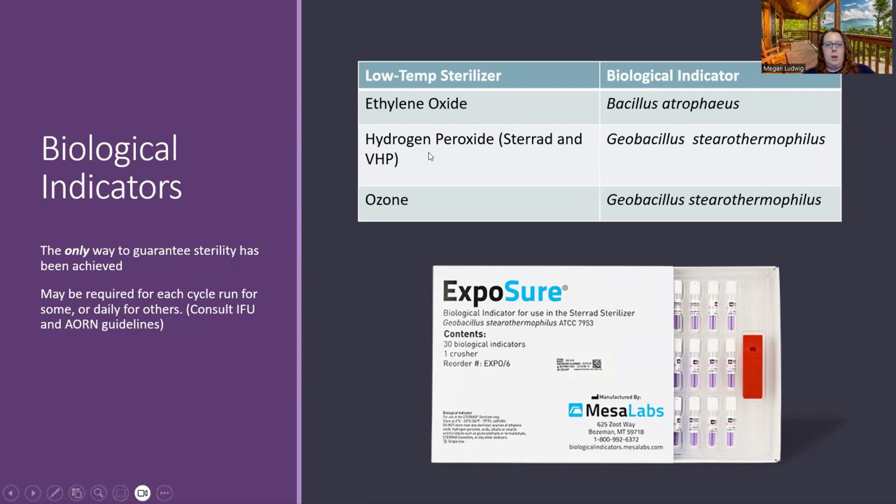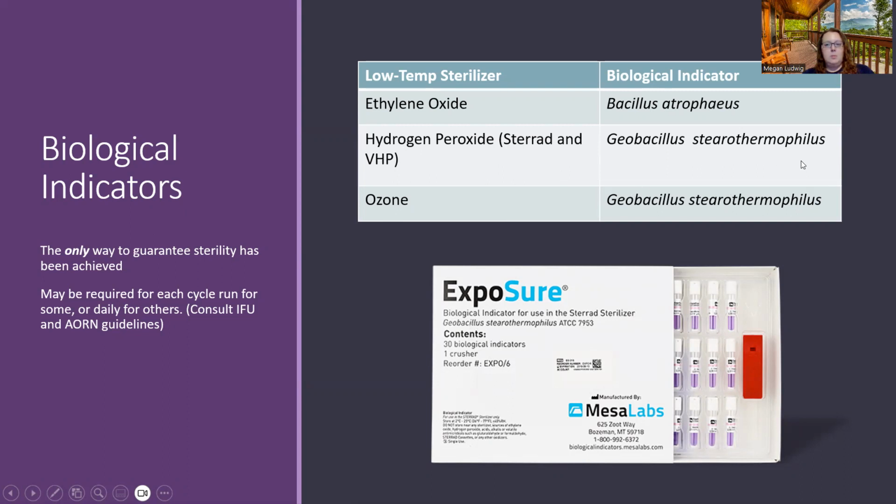So each type of sterilizer has a specific type of biological indicator, or BI. Now this one says in this picture, biological indicator for the STERRAD sterilizer. So this is that hydrogen peroxide gas plasma, and it is called Geobacillus stearothermophilus. Isn't that a fun long word? Ozone also uses the same.